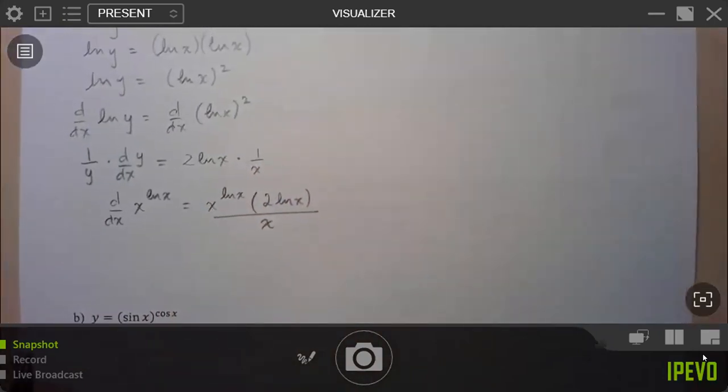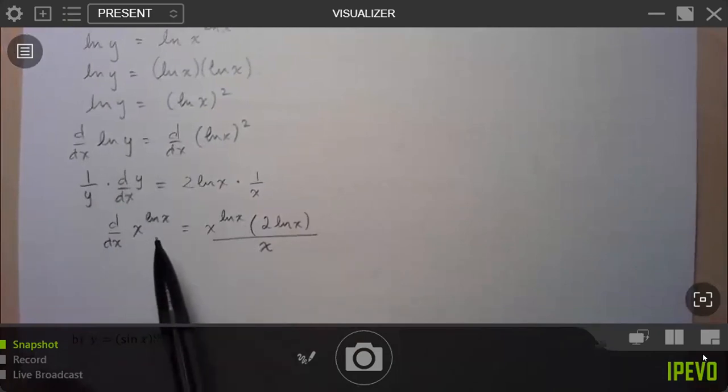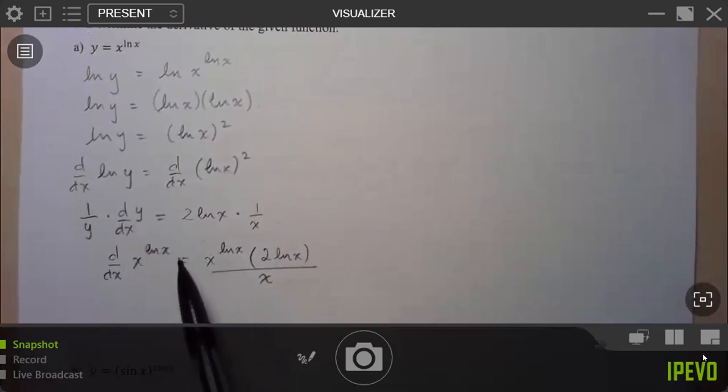Now I'm imagining you can see that we could probably come up with a formula when we're working with logarithmic differentiation, because what always shows up as part of the derivative of this power function with a variable in both the base and the exponent?